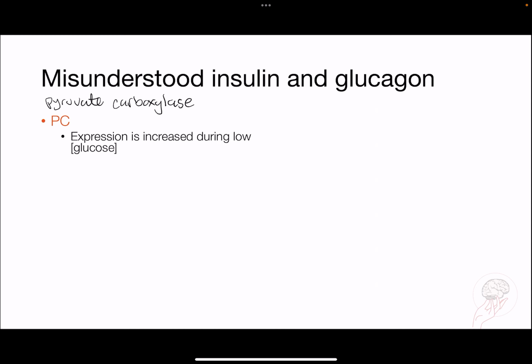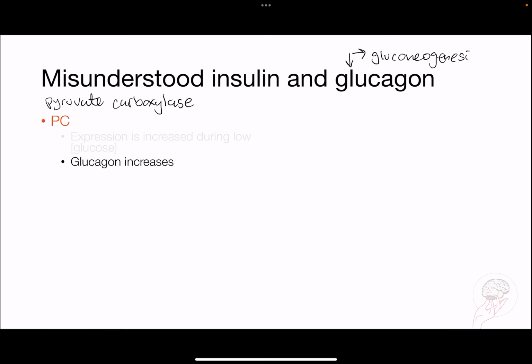Its expression is increased during low glucose concentrations. So if we don't have enough glucose, that would mean that glucagon is high. So glucagon increases pyruvate carboxylase. So glucagon increases gluconeogenesis.